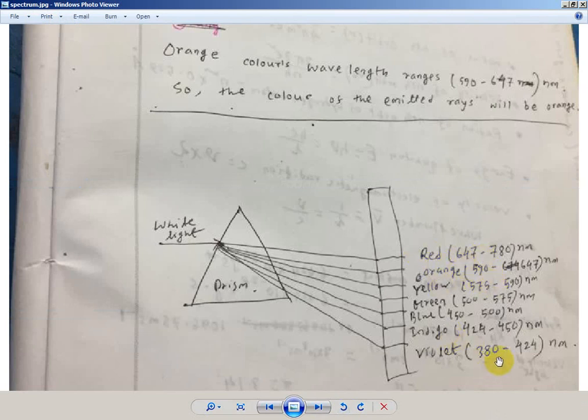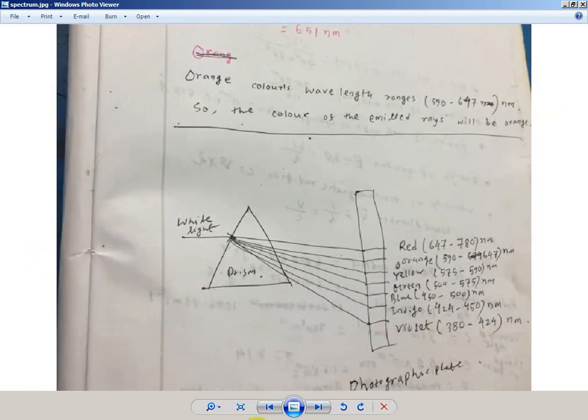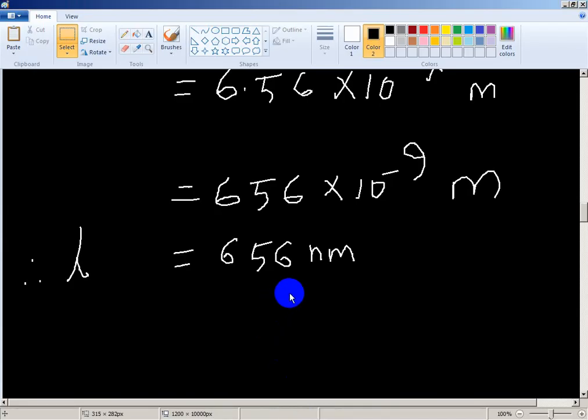The violet wavelength range is 380 to 424, indigo 424 to 450, then blue, green, yellow, orange, red. Our wavelength is 656. Okay, red matches.